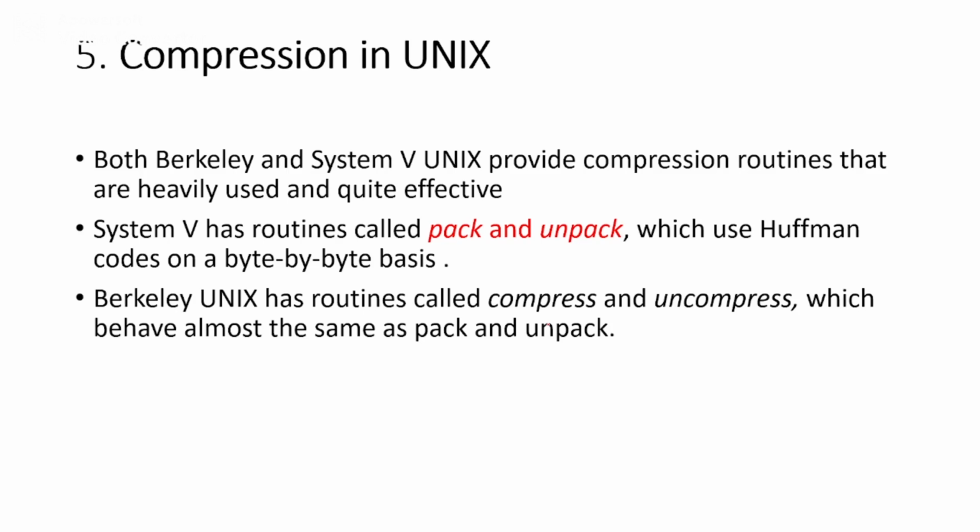System V has routines called pack and unpack, which use Huffman code on a byte by byte basis. Berkeley Unix has routines such as compress and uncompress, which behave almost the same as pack and unpack. Those are the compression techniques we have in Unix.